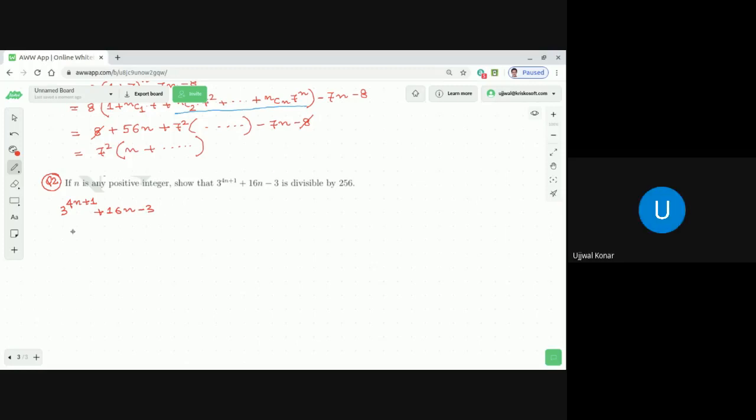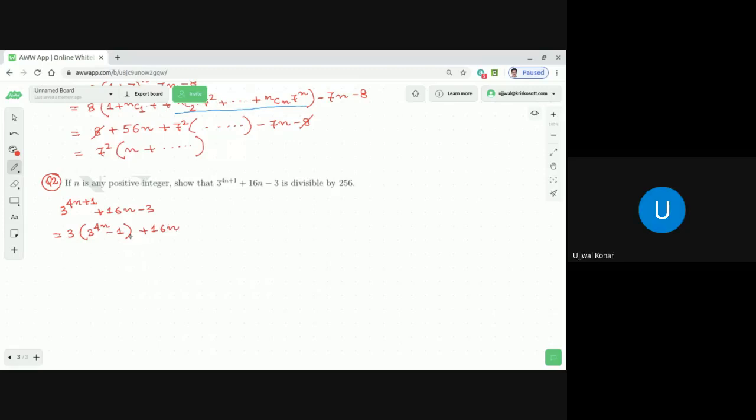We need to rearrange, just rewrite, but keeping in mind that 16 is there. So 3 to the power 4n plus 1 and there is minus 3, so we can take 3 common. Then what are we going to get? 3 into 3 to the power 4n minus 1, plus 16 into n, correct, dear students?